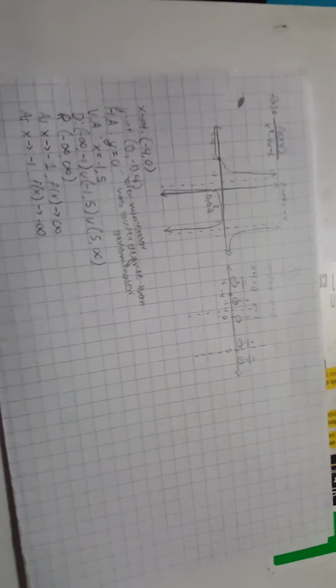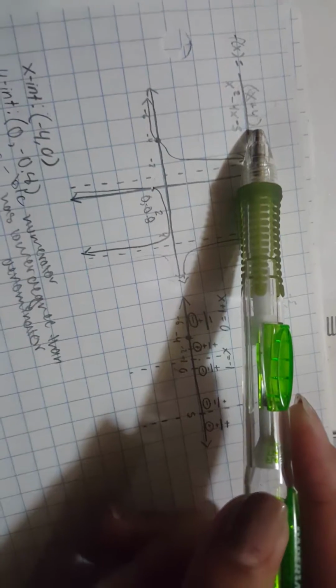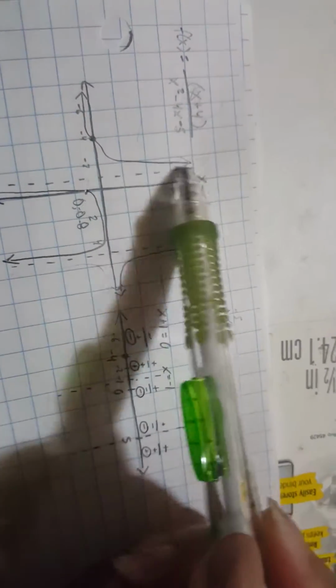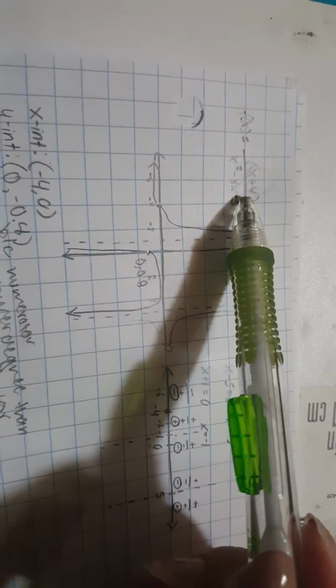So we got that because to get the x-intercept right here, we have to get the zero of the numerator. So we set that to 0. To get this 4 to the other side, you have to subtract 4 because this says plus 4. So your answer will be x equals negative 4.